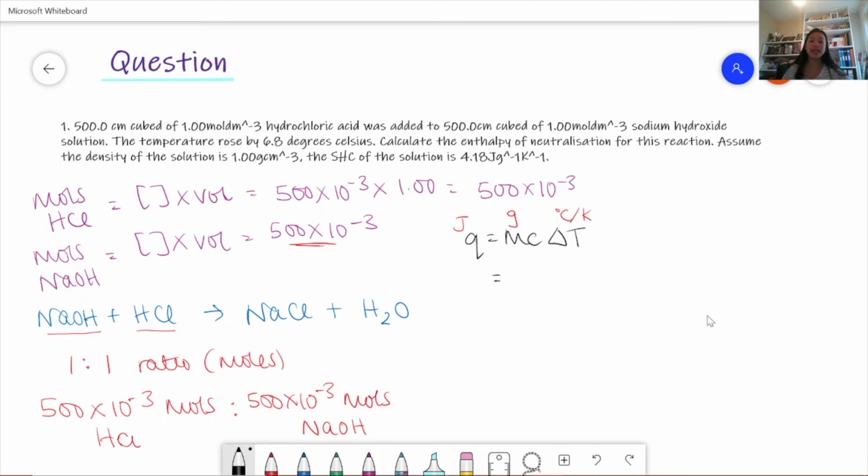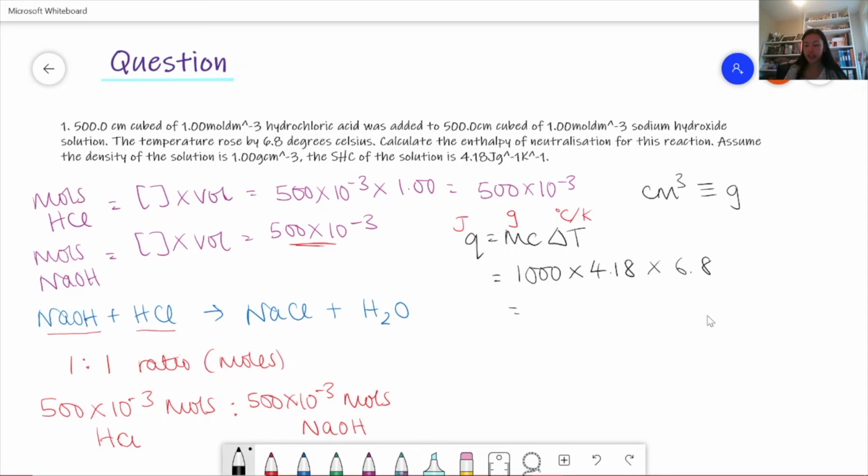The mass here is the mass of the solution, so the solution would just be 500 centimeters cubed plus another 500 centimeters cubed. So that would be 1,000 grams, and a centimeter cubed is equivalent to a gram. And then you times it by the specific heat capacity, which is 4.18, and then times that by the 6.8 degrees rise.